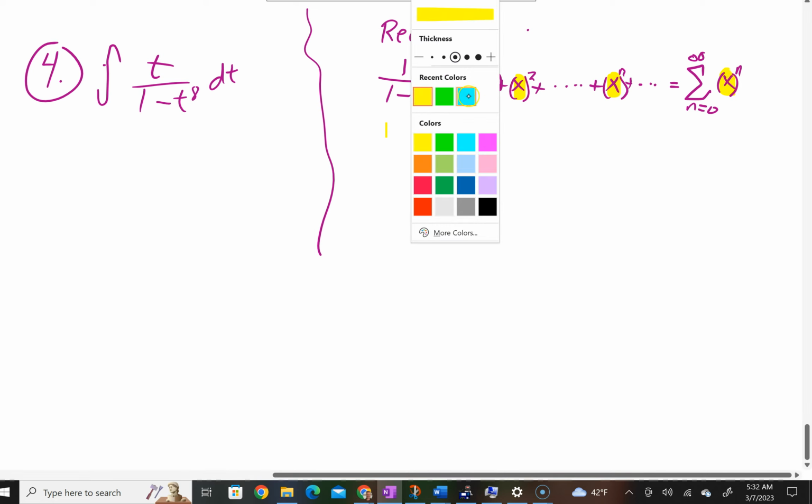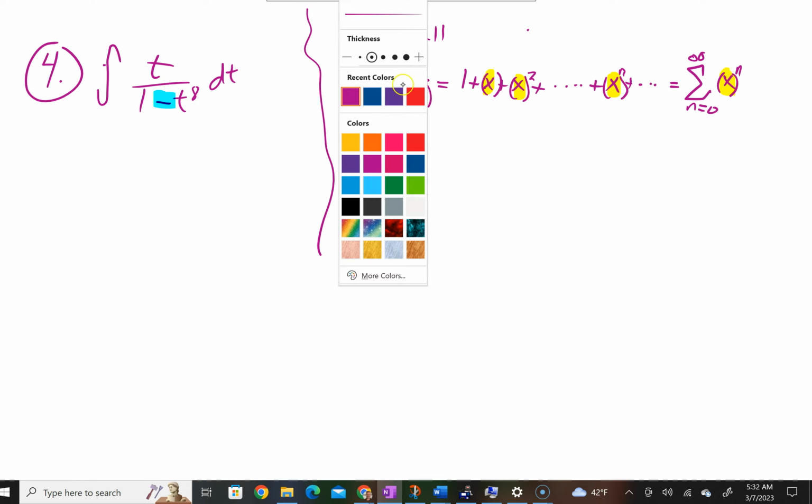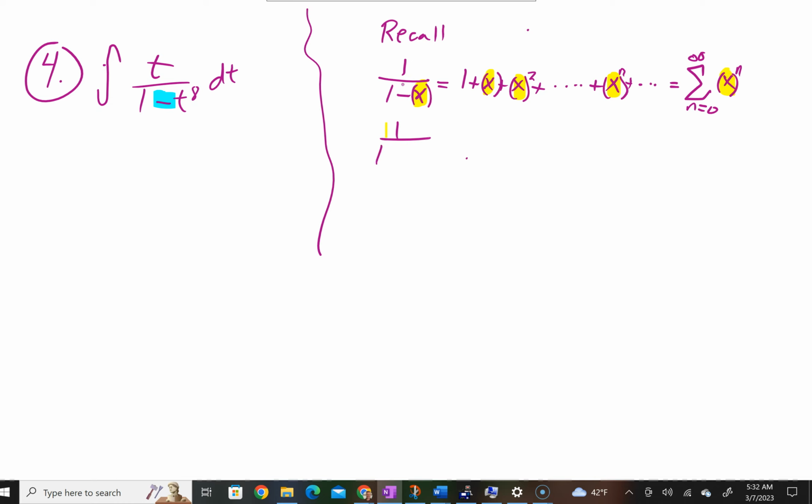You might notice in this problem, the denominator is 1 minus something. It's not 1 minus a t, it's 1 minus t to the eighth. So that is going to lead us to say, you know what, instead of having an x, I want to have x to the 8th. And we could say 1 plus x to the 8th plus x to the 8th squared.